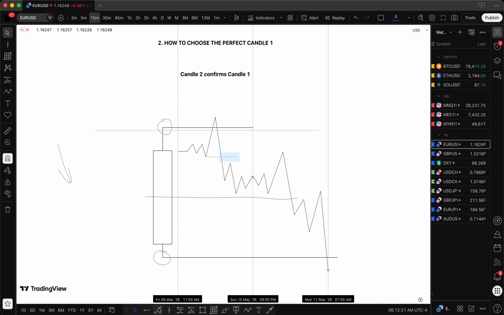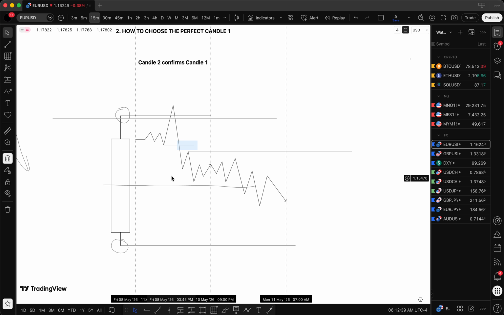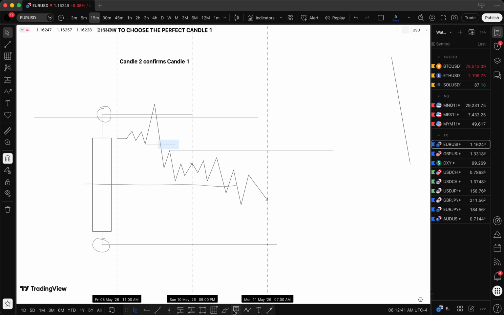This is how you trade candle 3. Candle 3 is OTE. OTE happens after true shift. That's it. Sometimes you can have a week which is choppy, right? Choppy week, right at the end to engineer more liquidity.